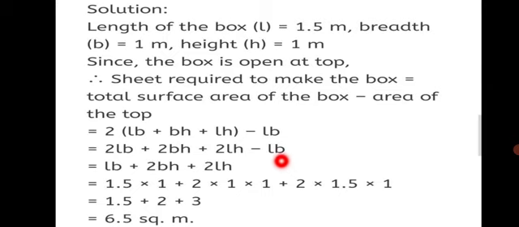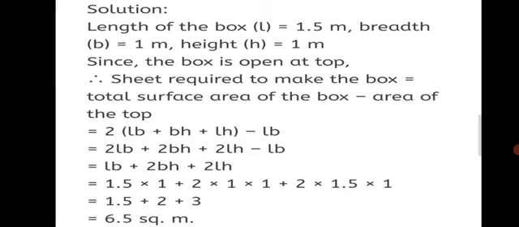Okay, this is equal to 2 times length into breadth minus length into breadth becomes 1. 2 minus 1 is 1. So length into breadth becomes only once. Since the top portion is missing, length and breadth will be taken only once, plus 2 breadth into height plus 2 length into height.